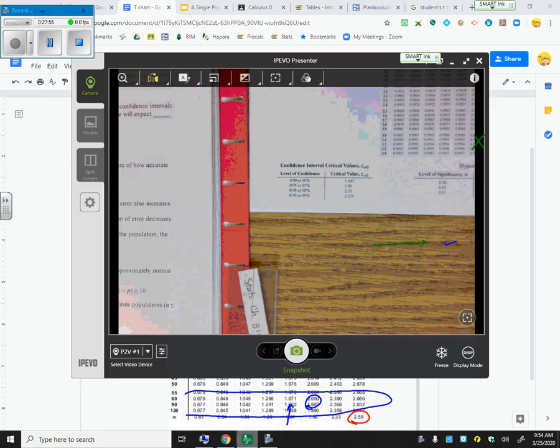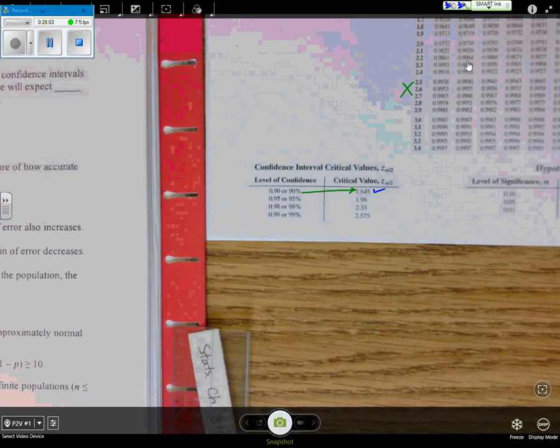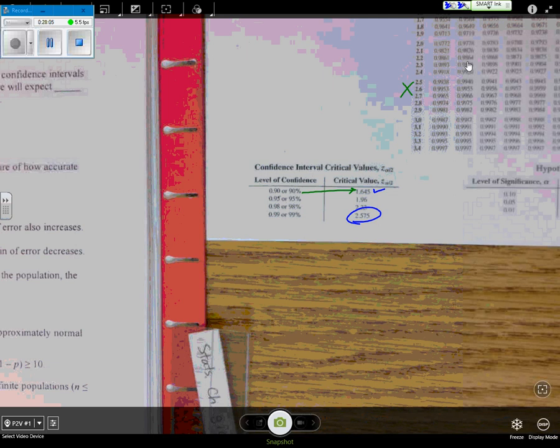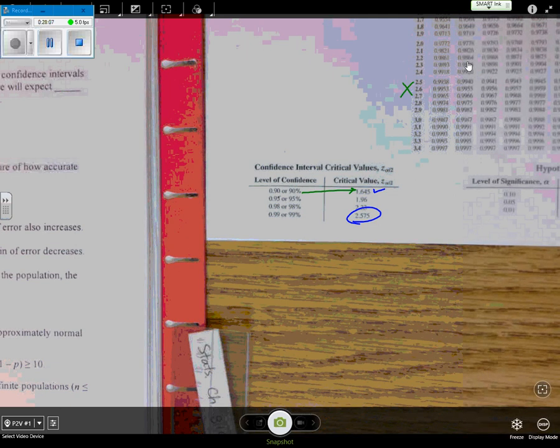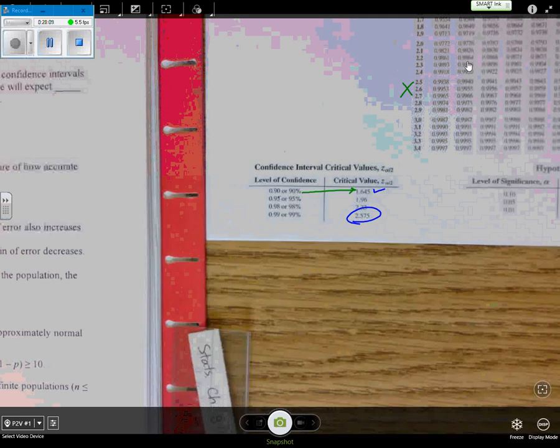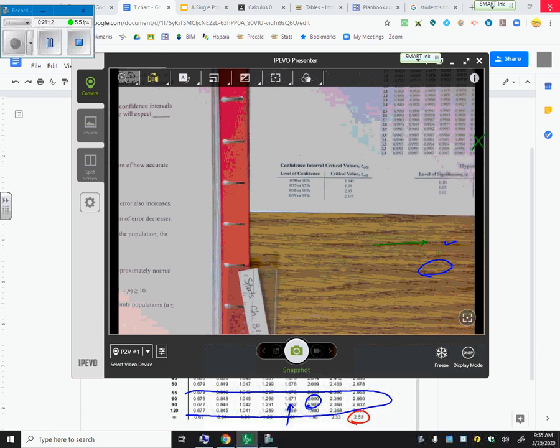Or I can come here, 99% confidence, 2.575. So I'll be happy to accept either one of those. Let's go with the 2.575. I think that'll give me a better answer on this.